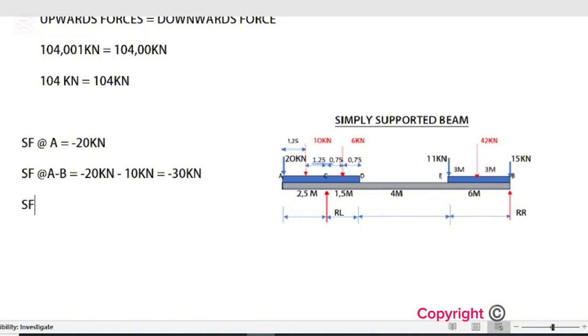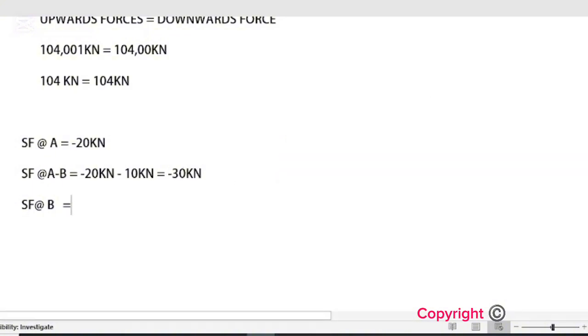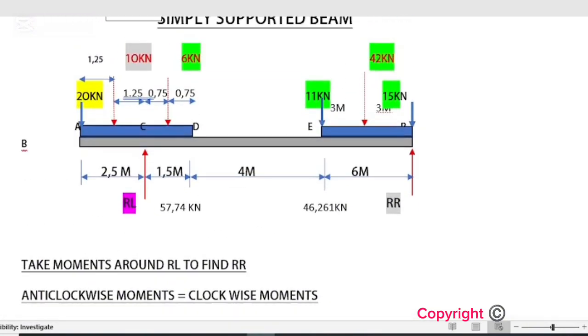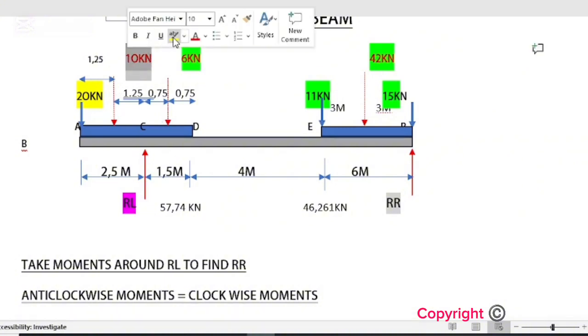Let's go to shear force at B. Shear force at B equals to, let's go and check shear force at B. We said shear force between B and C will be the answer minus this one, 10 kilonewton.